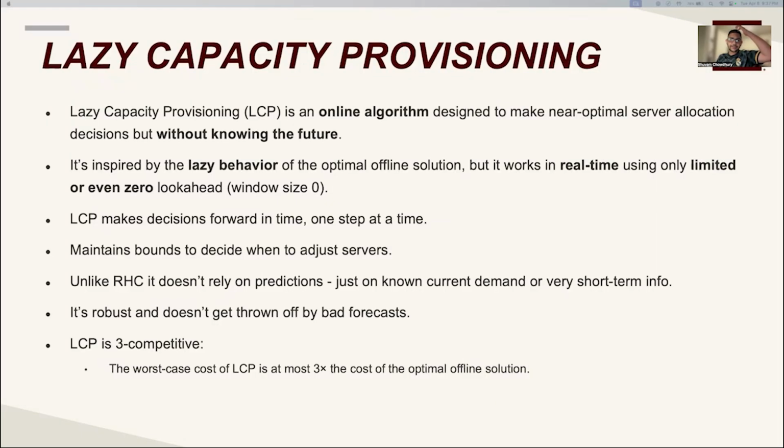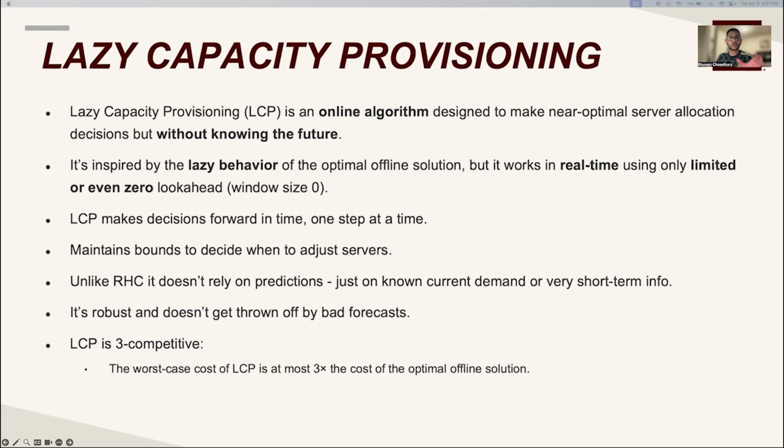Then we're going to talk about the main focus of our entire paper, which is lazy capacity provisioning, an online algorithm, which means it does not have the entire data or time series with it. The online algorithm is designed to make near optimal server allocation, but without knowing the future. But it's inspired by the lazy behavior.